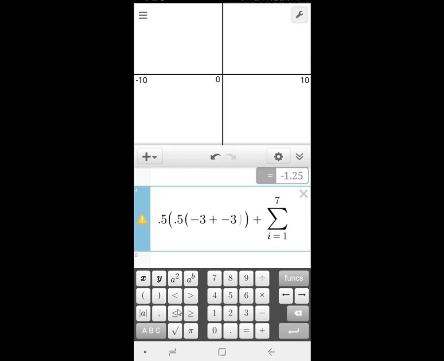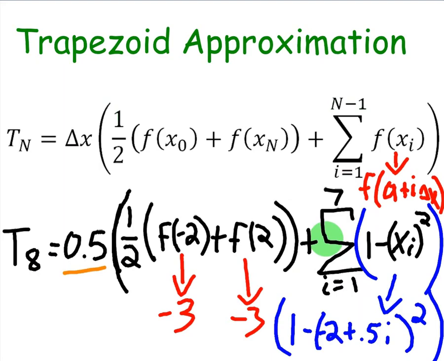Okay, so within the summation notation, we're going to put another set of parentheses, and inside of that parentheses, we're going to be careful about what we plug in. I noticed my mistake there. This is what's being squared in these parentheses, not the 1. So we're going to type in 1 minus parentheses -2 plus 0.5i squared.